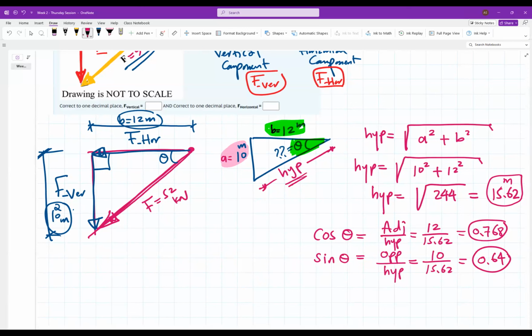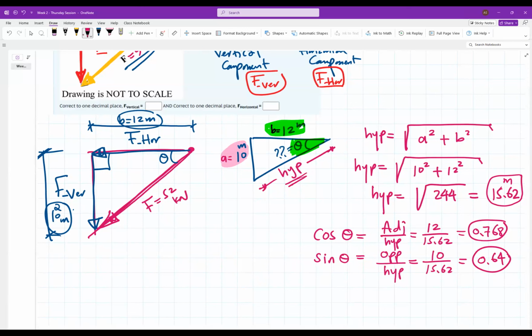Okay, Jonathan? All good, Jonathan? Okay. So now we know the trigonometry. As you know, the vertical component and the horizontal component will be found using the trigonometry functions.